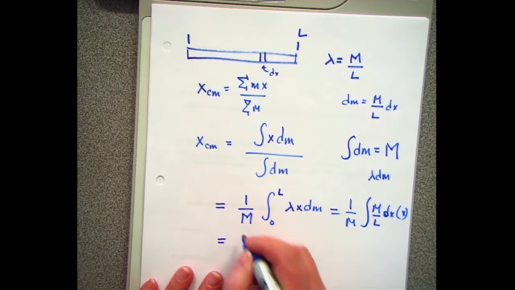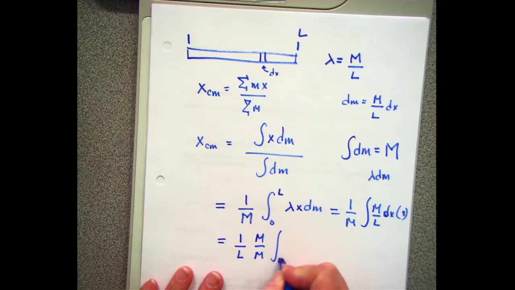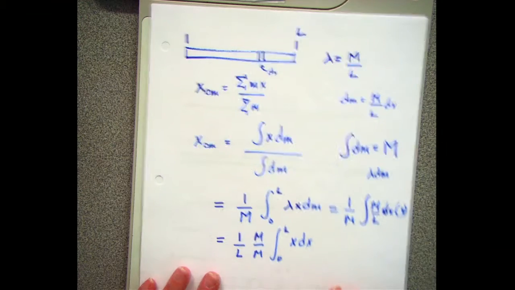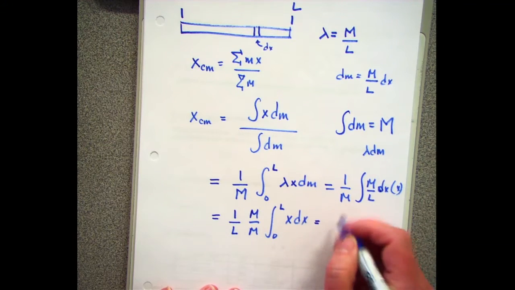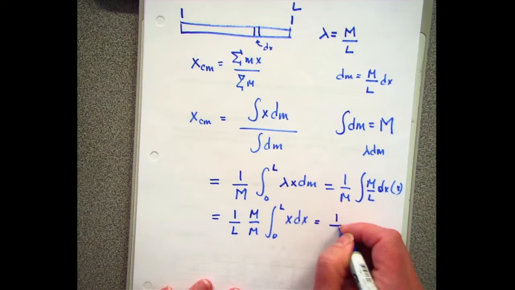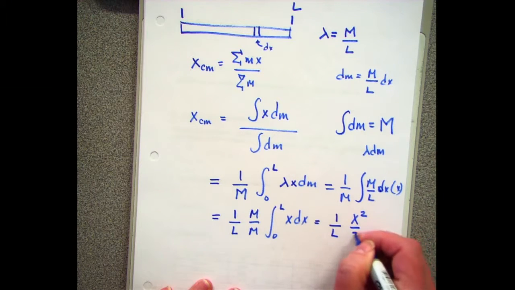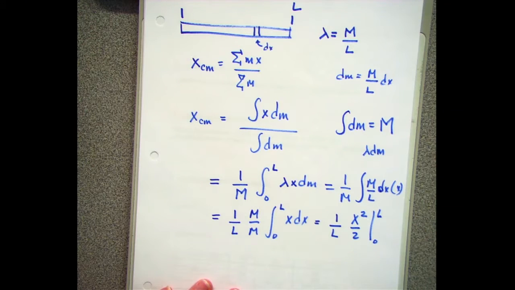So now I get 1 over L, because my masses cancel out, m over m, and I integrate from 0 to L x dx, and hopefully you guys have that one by now. So I end up with 1 over L times x squared over 2 evaluated from 0 to L. And if this is a uniform mass across there, this is going to be L divided by 2, which is where my center of mass is going to be, which you guys intuitively knew already.